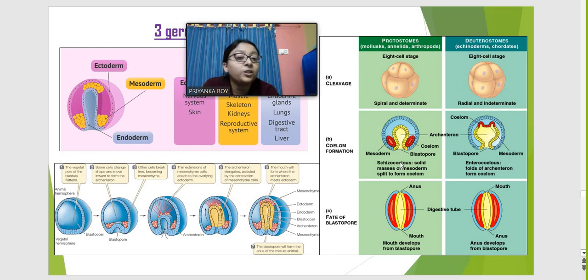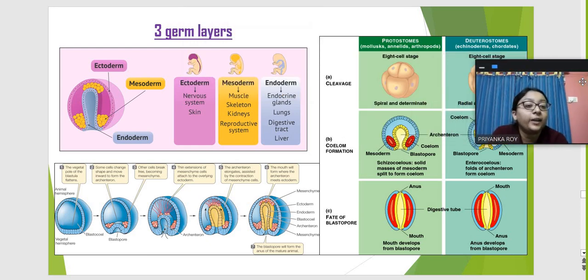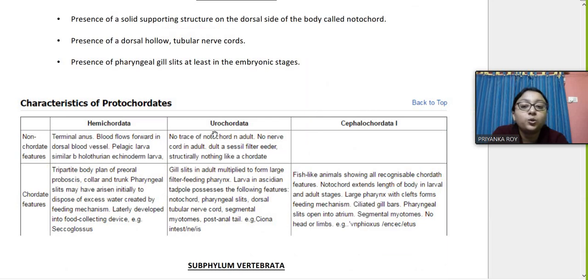In coelom formation, it is just like I have discussed here, and the blastopore will give rise to the mouth. But in case of deuterostomes, the blastopore will give rise to the anus. So this kind of difference is there according to the fate of the blastopore and coelom formation. So accordingly they are categorized as protostomes and deuterostomes.